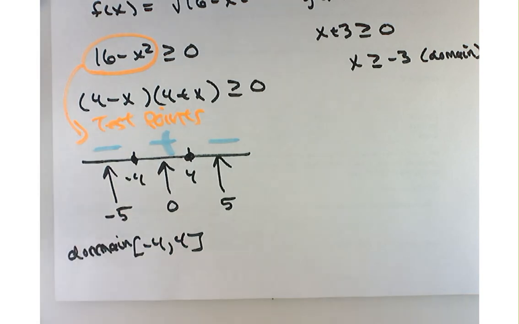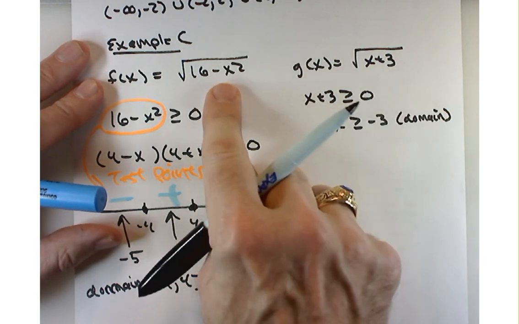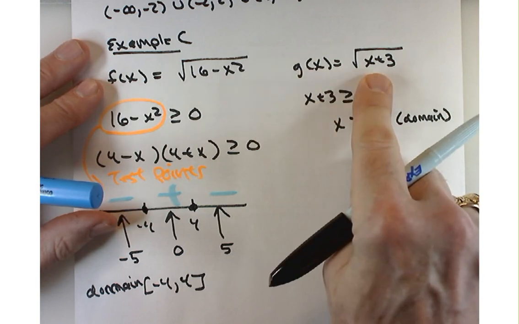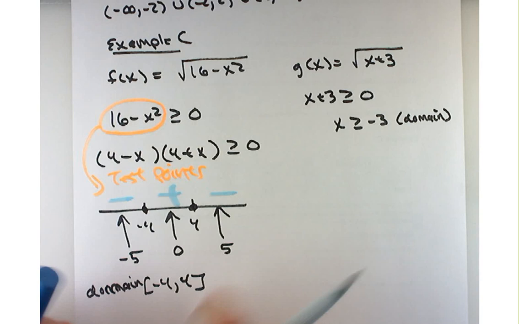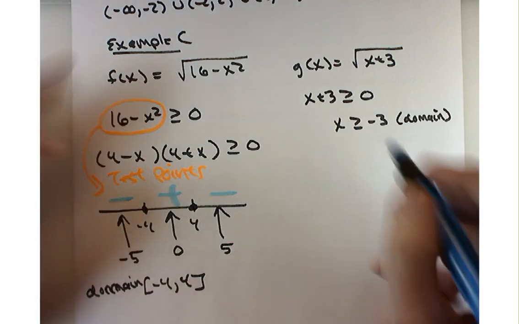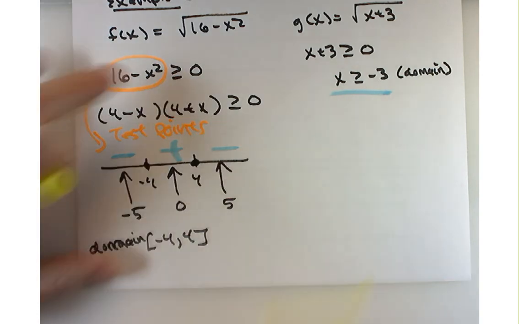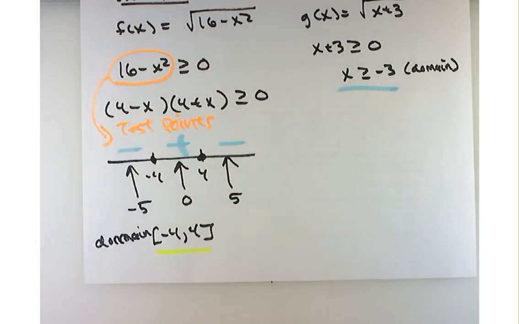In both of these, we've got to make sure that the radicand, that is the expression underneath the radical, has to be greater than or equal to 0. We did that here, and we did it down here. The question is, where do those things overlap?